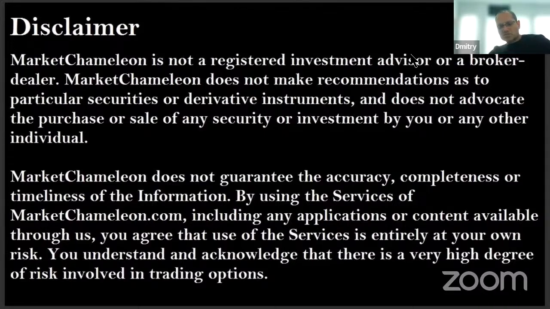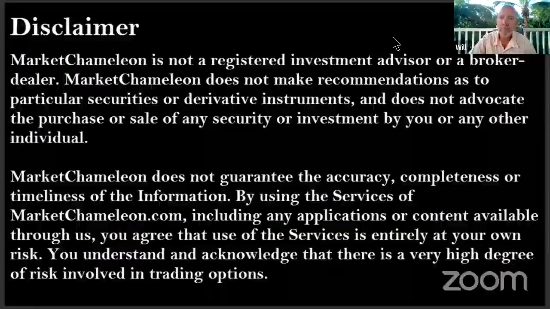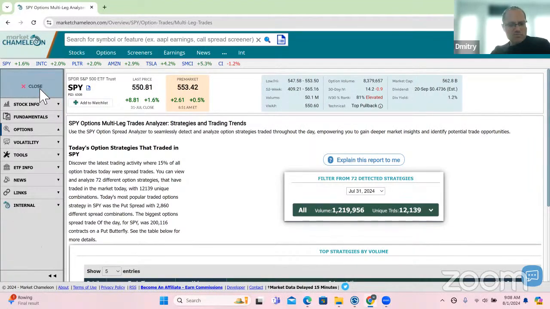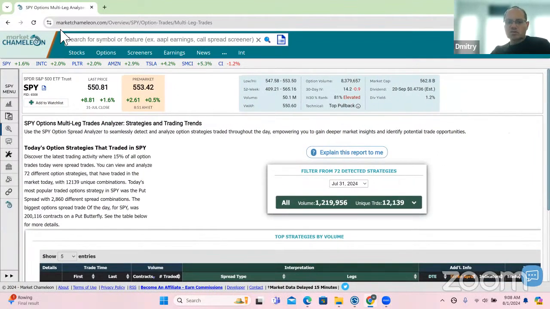But let me share my screen. Okay, so let's come to SPY and let's look at the multi-legs for now, because I do see a bug that I want to fix first.